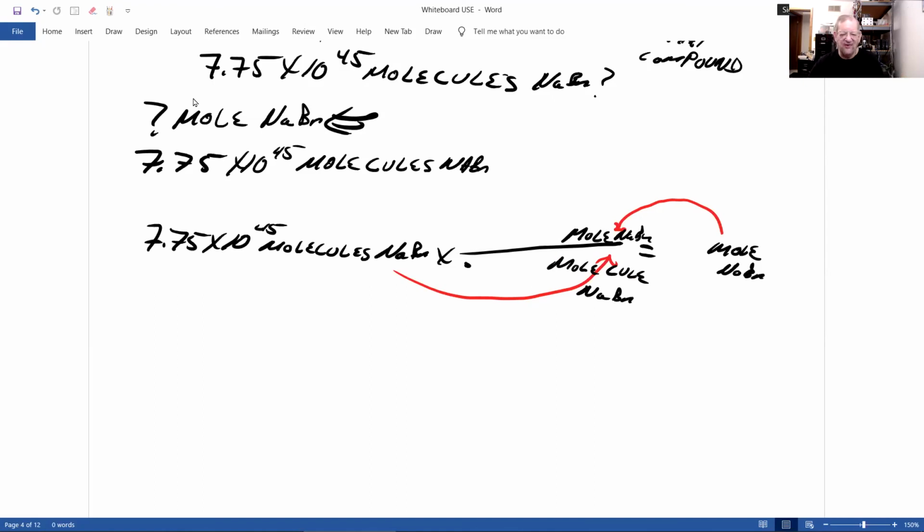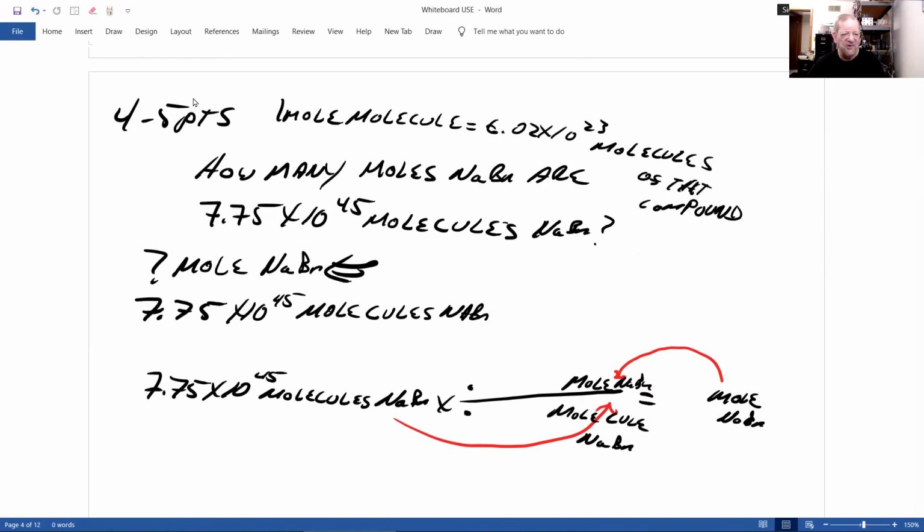And where do I get these numbers? From way on top here, which is also important information. 1 mole of a molecule equals Avogadro's number of those molecules. And I'll put that in.